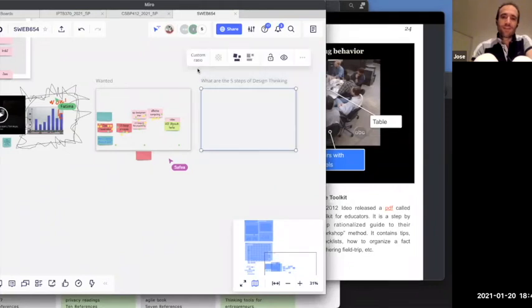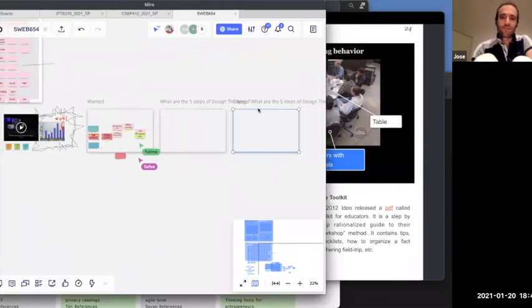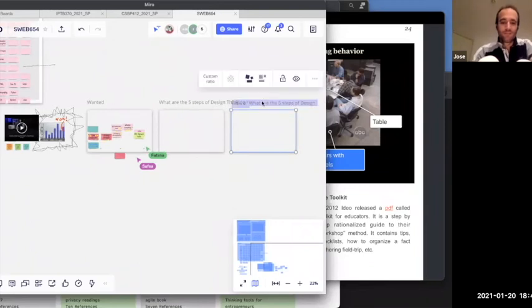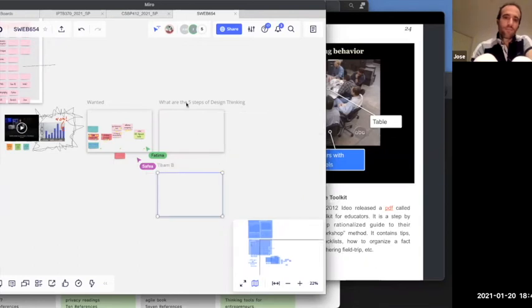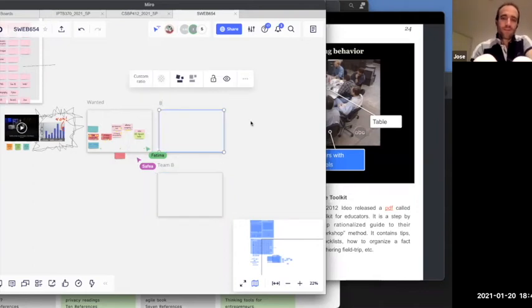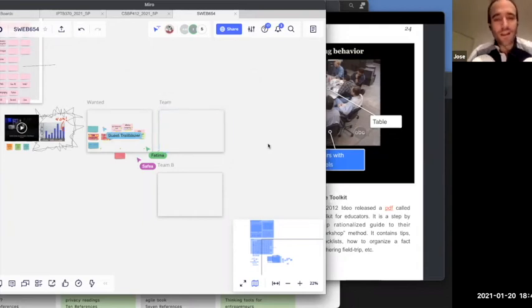I'm going to send the link, and I'm going to use a technique called gamification. I'm going to divide you into teams, A and B. This is team A. I'm going to do breakout rooms, and then you decide how to solve this.